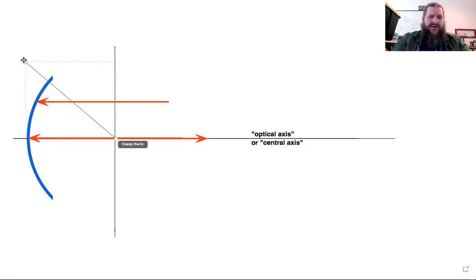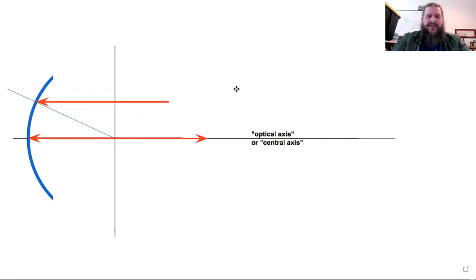Any radius vector or any radial direction, any line through the center is going to hit the surface at a right angle. So for a spherical surface, it's very easy to draw in a normal line. It's just going to be a line through the center and through that point. So this is what we call the normal line.